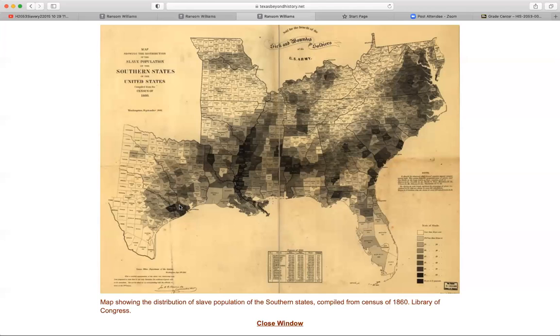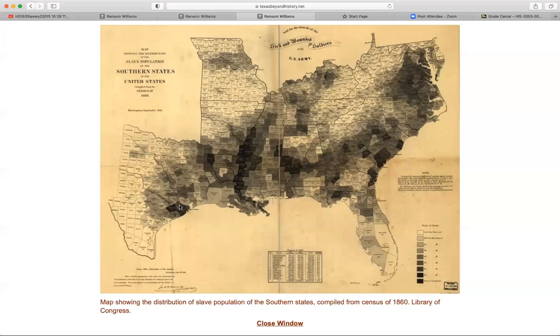So about 40% or so of Texas slaves lived along the Gulf Coast and East Texas river valleys. And they grew corn. Some slaves did grow corn. That was one of the staples of Texas during this period. But of course, the money crop was cotton, as I've said a million times.